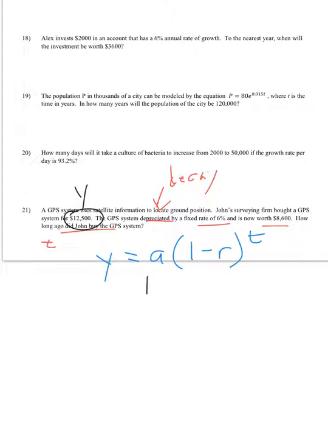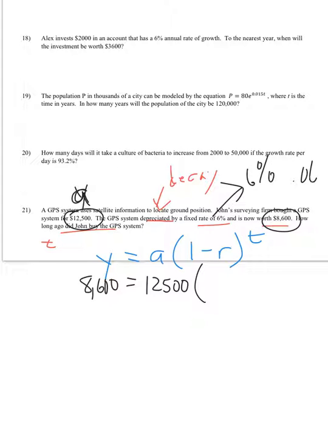That is the initial amount, the 12,500 goes here. This is really A. The ending amount, because it's going down in value, is 8,600. That goes here. It's 6%, which is equivalent to 0.06. So if I do 1 minus 0.06 inside parentheses, that is 0.94 to the power of t.